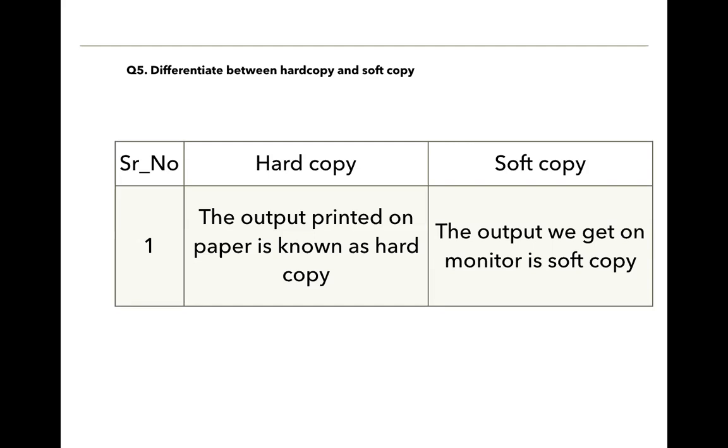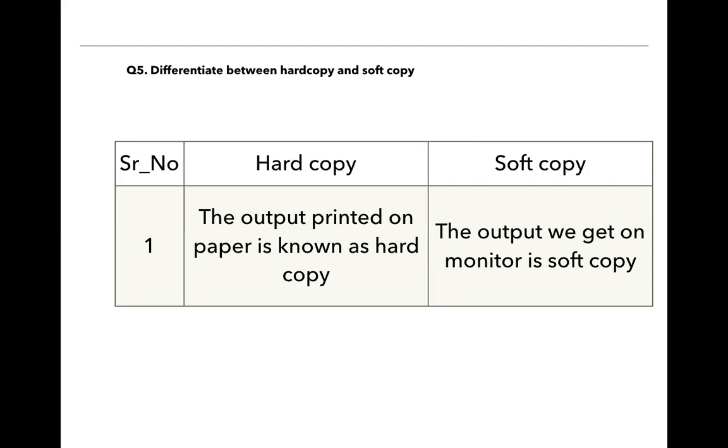Now there are some more differences between hard copy and soft copy. For example, hard copy is very difficult to store for a long period of time, whereas soft copy is easily stored for a long period of time. For many years, you can keep it safe in your computer.